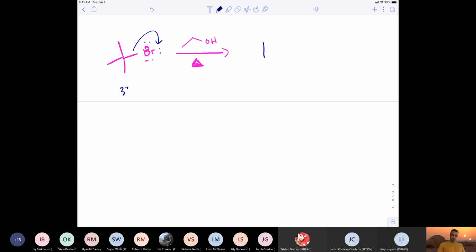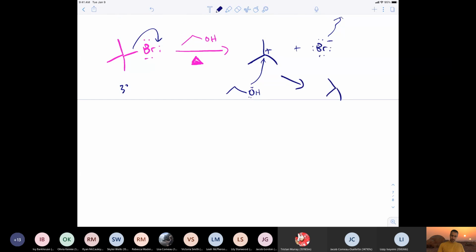This would leave, and bromide goes off on its merry way somewhere. Now we have this carbocation. It's stabilized by the solvent, but the solvent can then come in and attack. It can be a nucleophile. It's a much worse nucleophile than bromide, but there's a lot of it around because it's a solvent.